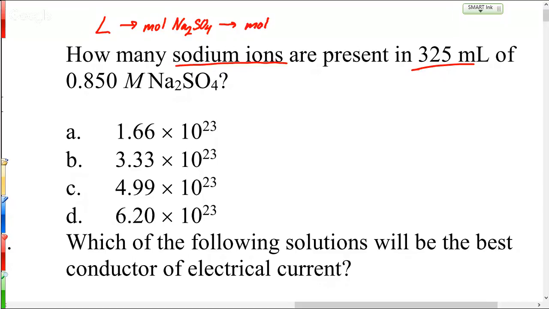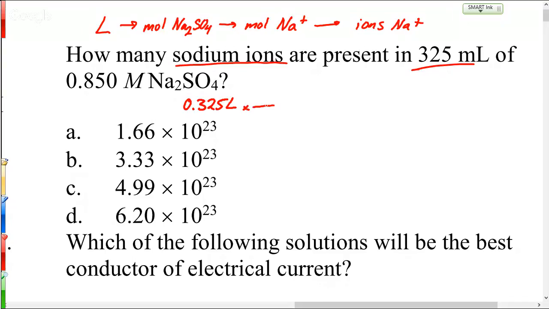Then we want moles of just sodium ions, because we know how many sodium ions are per formula unit. And then we can get to ions using Avogadro's number, because we know how many are in each mole. So once we have moles, we can get to the number. So that looks like this.